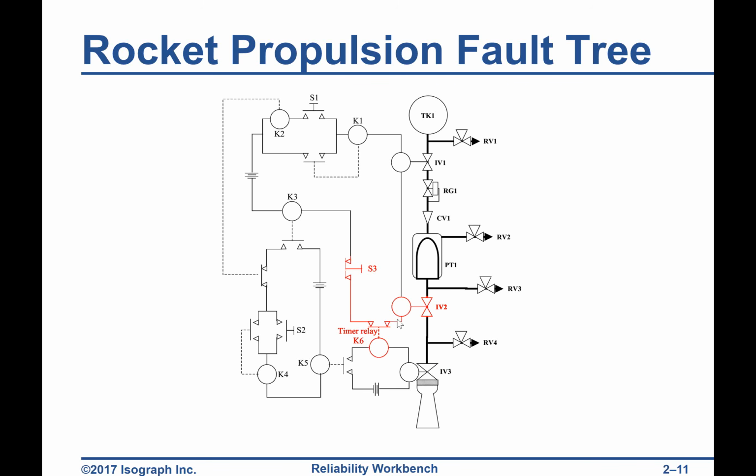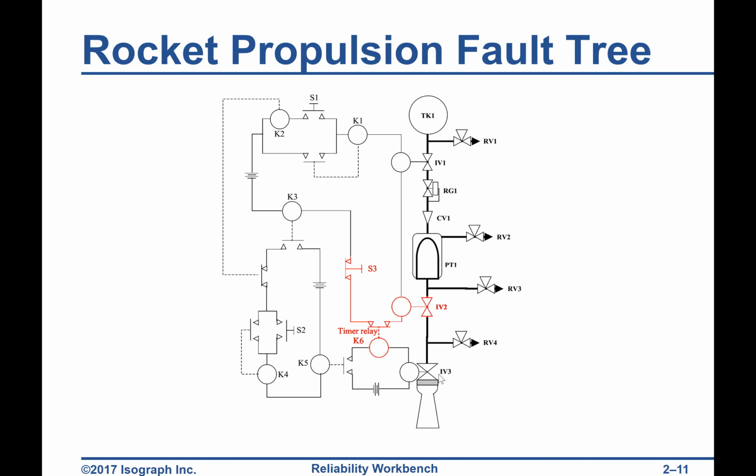So if S3 and the timer relay K6 both fail to open, two things happen. One is the arming circuit remains closed, so IV2 remains open. The other thing is that opening of the arming circuit will also open the firing circuit, which also opens the timing circuit, which is responsible for closing IV3.